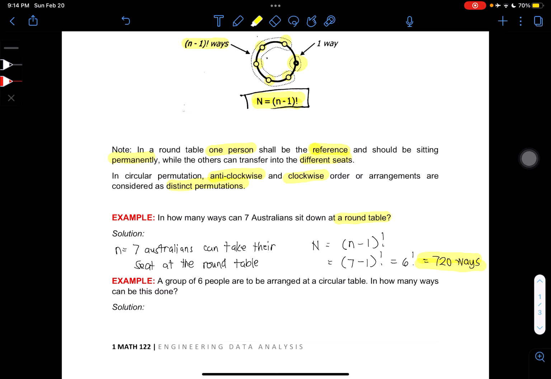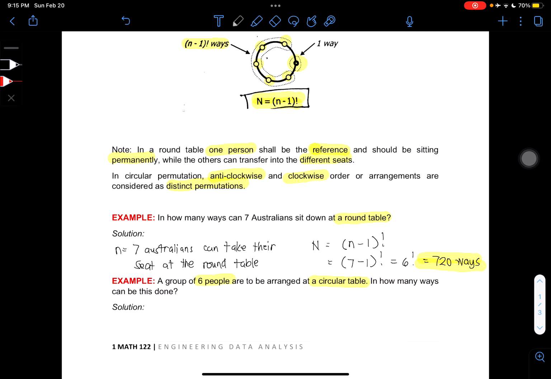Another example, example number 2: a group of 6 people are to be arranged at a circular table. In how many ways can this be done? The problem says circular table, therefore circular permutation. A group of 6 people are to be arranged.